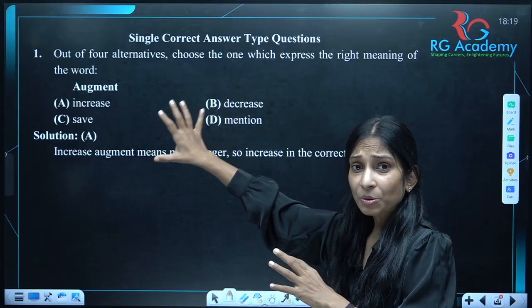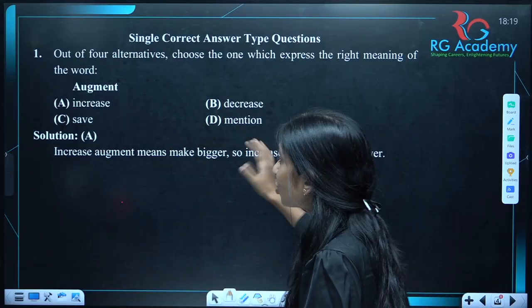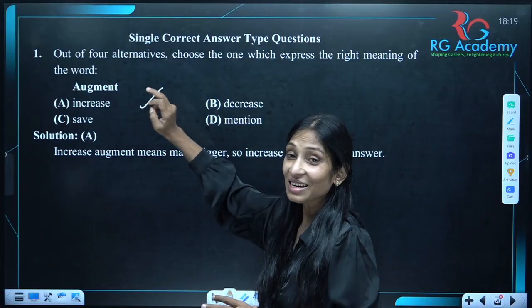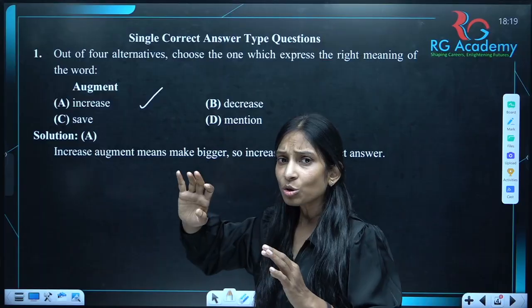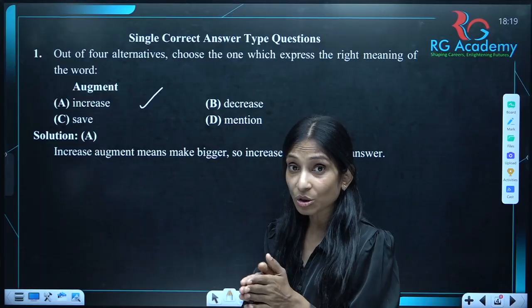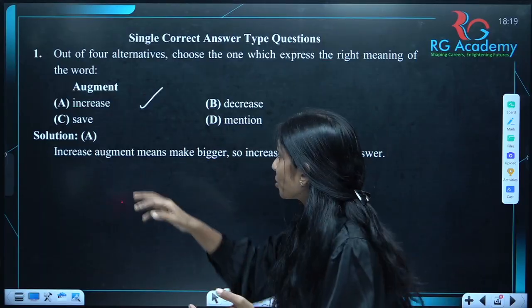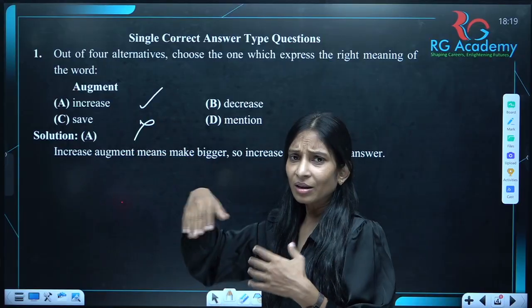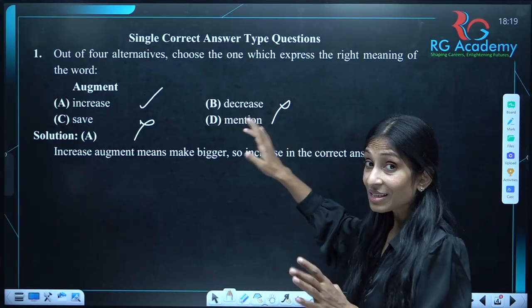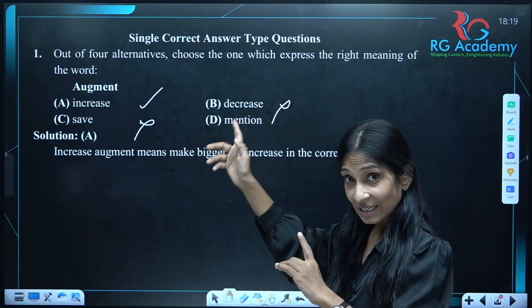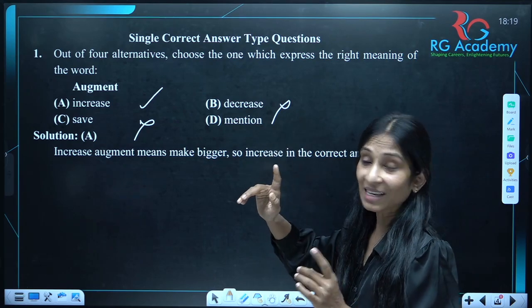Let us see the options and try to relate them. The first option itself says it is increase. So yes, this is the correct answer, but also check whether the other meanings are suitable for this word. Save, no. The word save doesn't suit the word augment. Decrease, obviously not, because it is an antonym, and the synonym of the word has been asked.